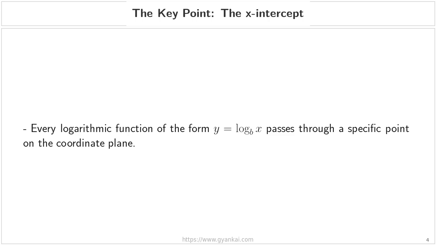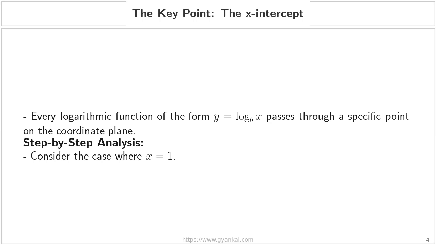Now that we have established the domain and range of the logarithmic function, let's identify a key landmark on its graph. Regardless of the base we are using, every logarithmic function of the form y equals log base b of x will always pass through one specific point on the coordinate plane. To understand why this is the case, let's perform a step-by-step analysis.